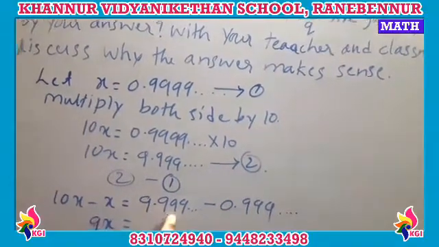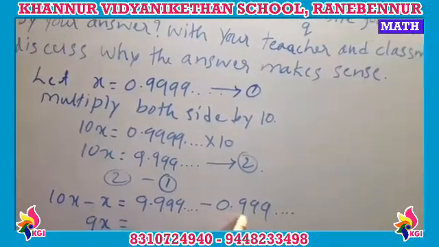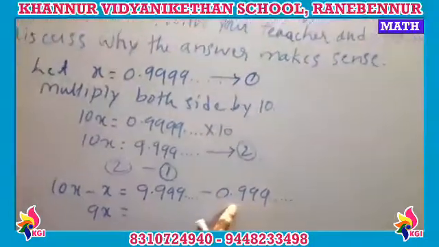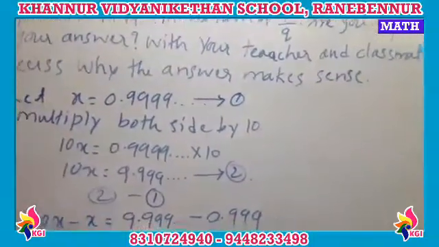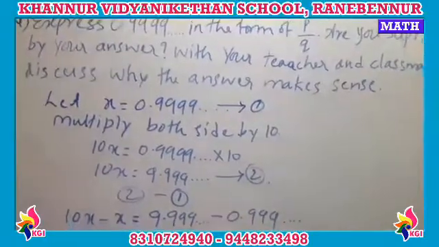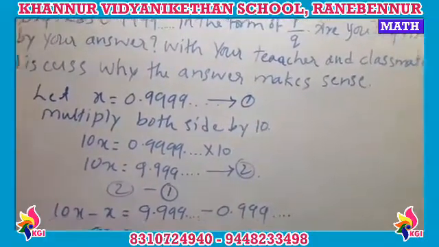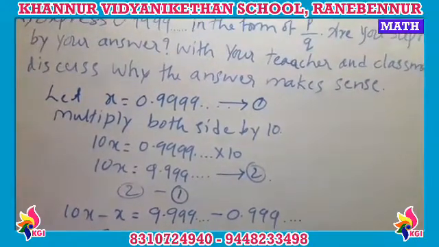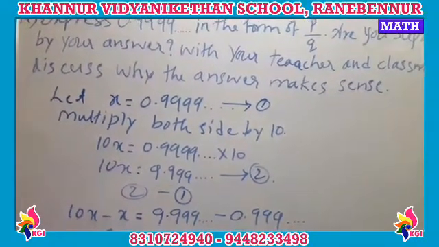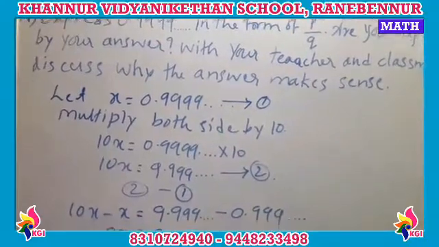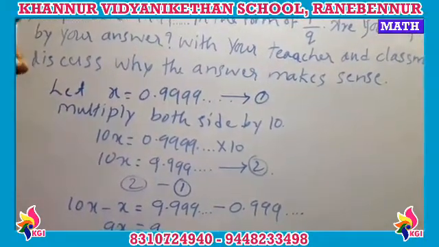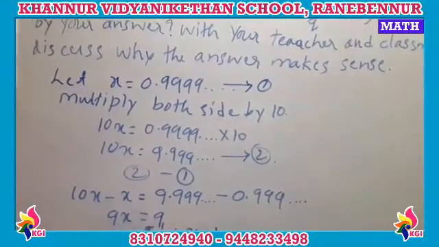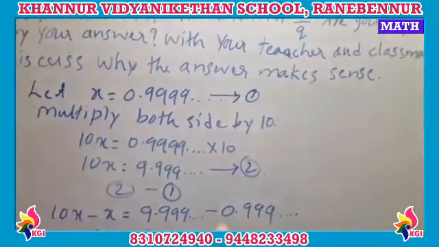Here, 9.9999 minus 0.9999: after the point, what do we have? 999s only. Here also after the point, 999s only. So 9 minus 9 gives 0, and 9 minus 0 is 9. We want x, so that is 9 divided by 9. Therefore x is equal to 1. How, sir? 9 and 9 get cancelled, giving 1. So we got x as 1.